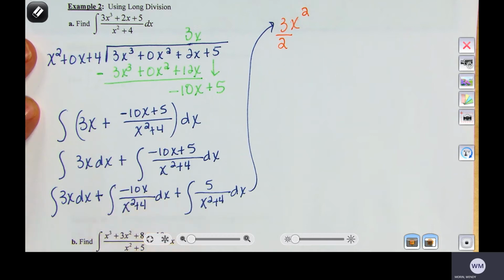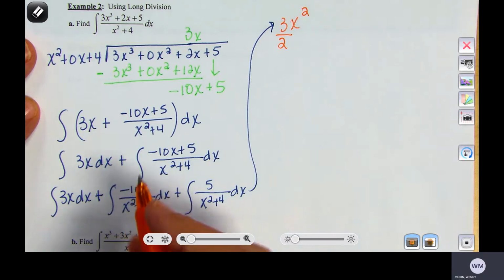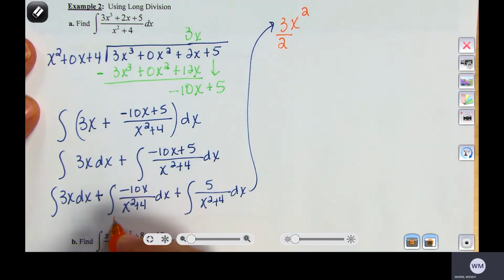What do you think? Is that a u substitution one? u equals x squared plus 4, du equals 2x dx.